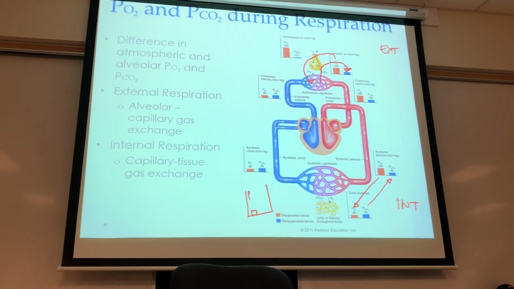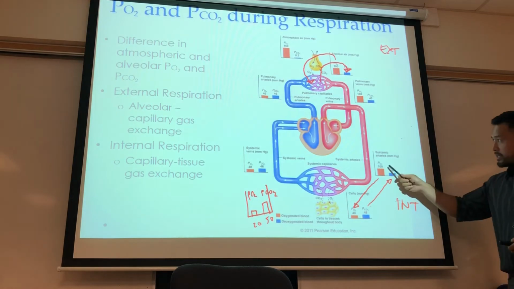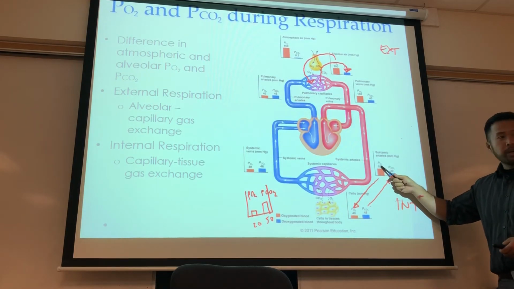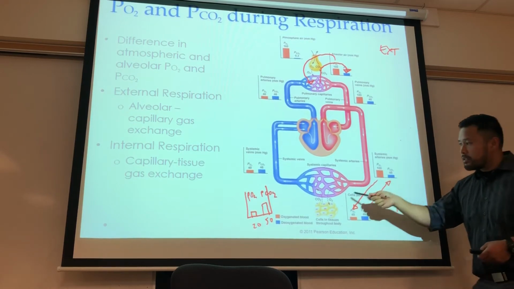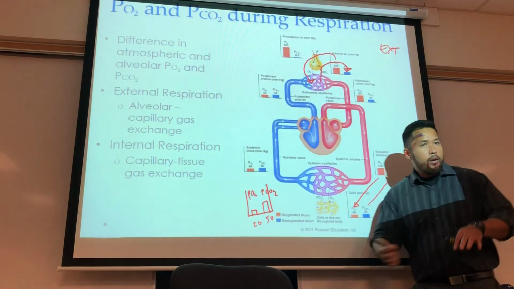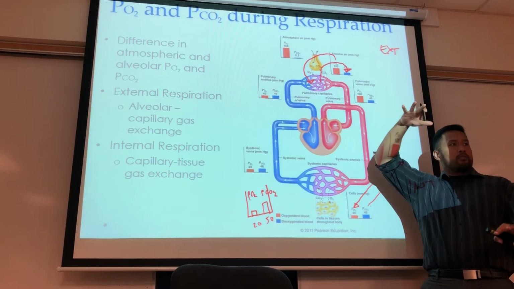PO2 we'll say is at 20, and the PCO2 will be about 50. That's going to increase the partial pressure difference from the systemic arteries at 100 to that of 20. So now I've increased that gradient.